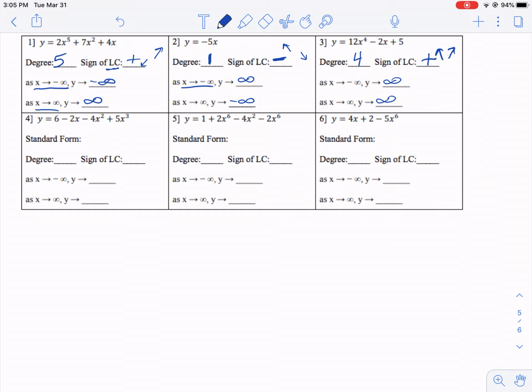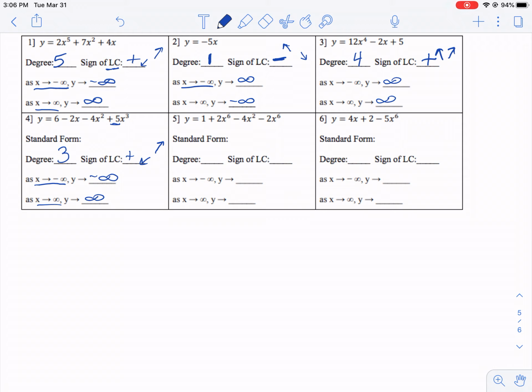We don't need to do that. The degree is 3, which makes 5 the leading coefficient, so it's positive. So they're opposites, up to the right, down to the left. So as x goes to negative infinity, which is the left, we're going down. And as x goes to the right to positive infinity, we're going up.